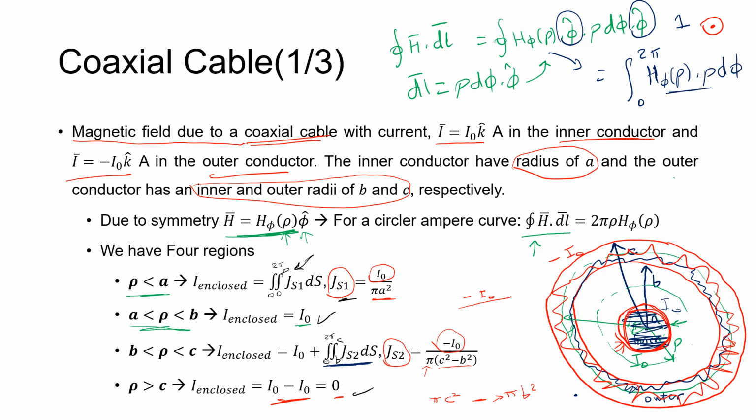All of these are constant with respect to phi, so you can rewrite it with the constants H phi rho multiplied by rho, times the integration from 0 to 2 pi of d phi. This is nothing but 2 pi, so you will find that the integration of H dot dl equals 2 pi rho H phi of rho.